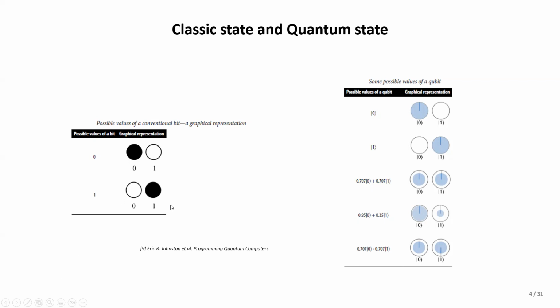It could be 0 or it could be 1. But for qubits, as we said, there is a possibility for superposition. We can have a superposition of two different states. Here, this one presents only the zero state, this one presents state one, but this one, as you can see, has a different superposition of the 0 and 1 states.